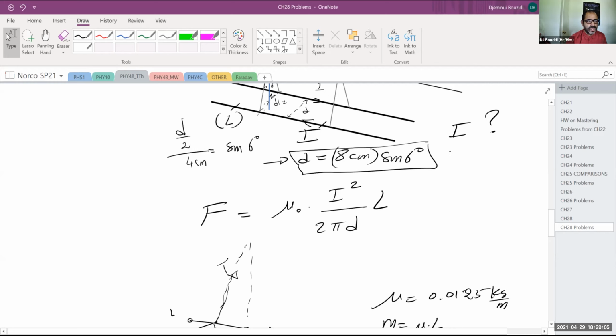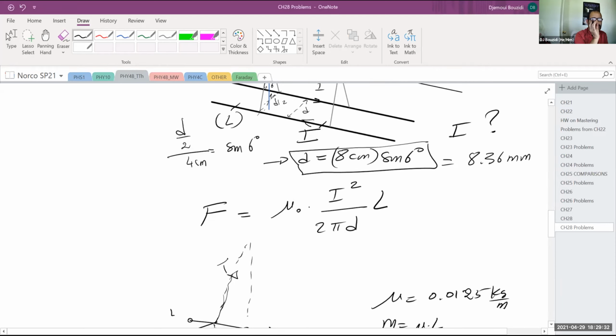And the distance you're going to achieve is a very tiny distance. I mean, this is the distance, which I didn't calculate, but it's 8 centimeters times sine of 6 degrees. And this number is 0.8 centimeters, or 8.36 millimeters.